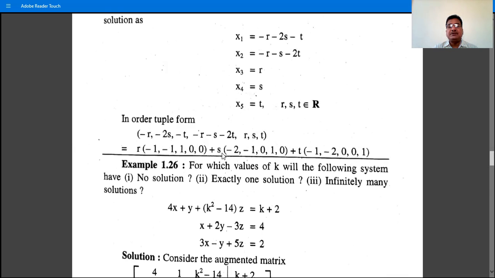Then the coefficient of s: minus 2, minus 1, 0, 1, 0. And then the coefficient of t.